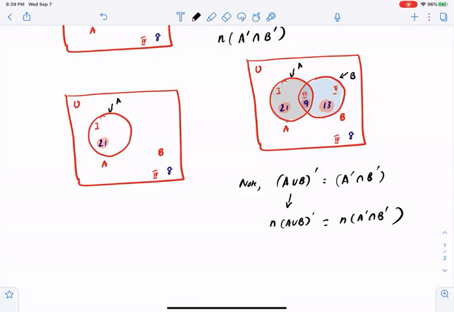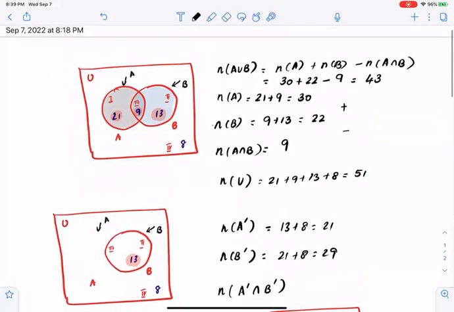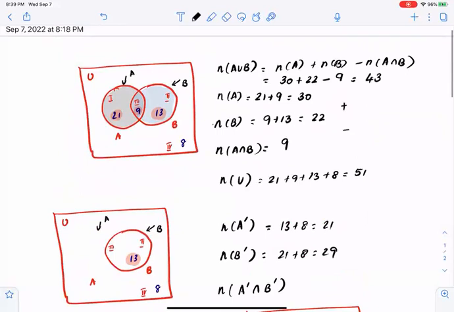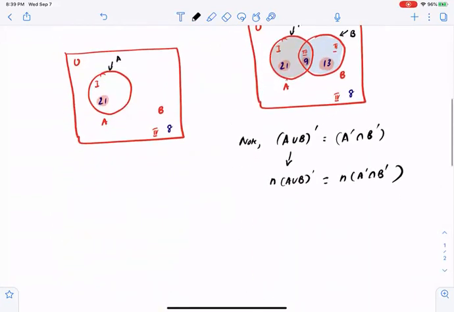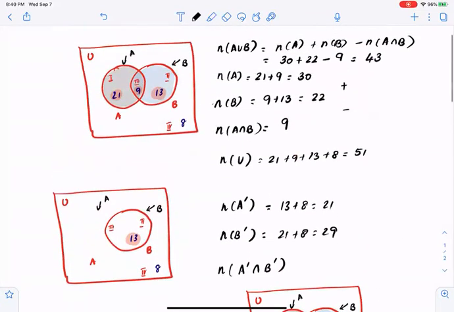Well, we want to find the number of elements in A union B. We actually found that in the previous part. The total number of elements in A union B is 43. And I want to know the elements that do not belong in A union B. So there are a total of 51 elements.